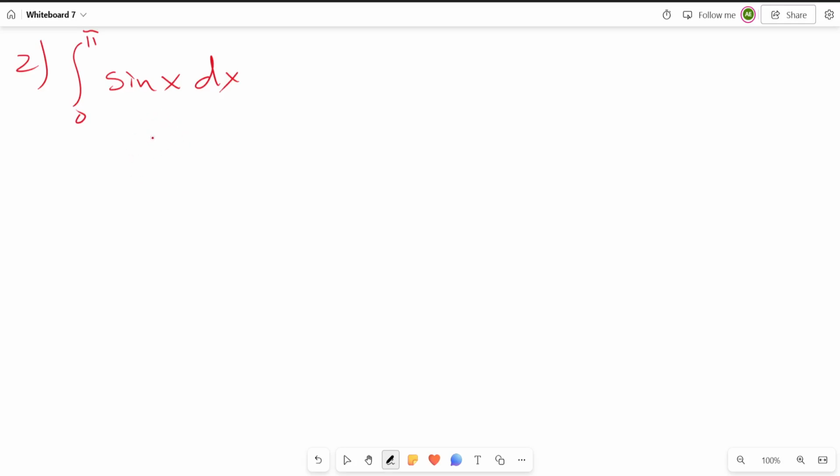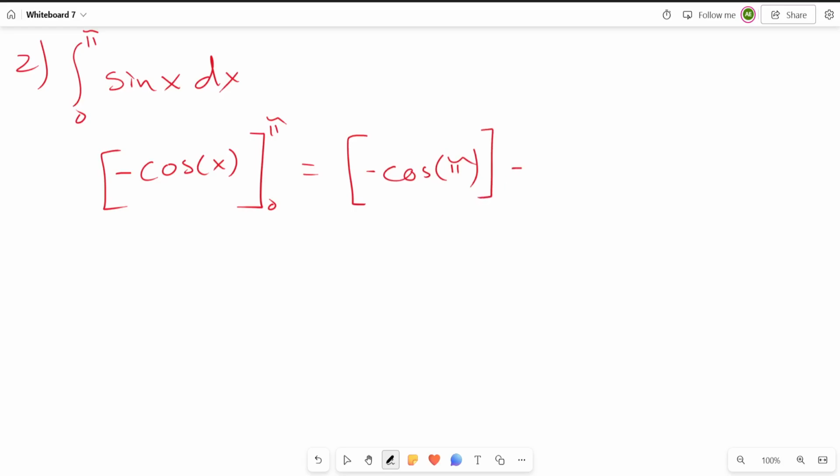So again, the first step is to integrate normally. So we know that the integration of sine is negative cosine, so this is going to be negative cosine of x evaluated from 0 to pi. So this is going to equal minus cosine upper bound, okay, and then subtracting minus cosine of the lower bound.